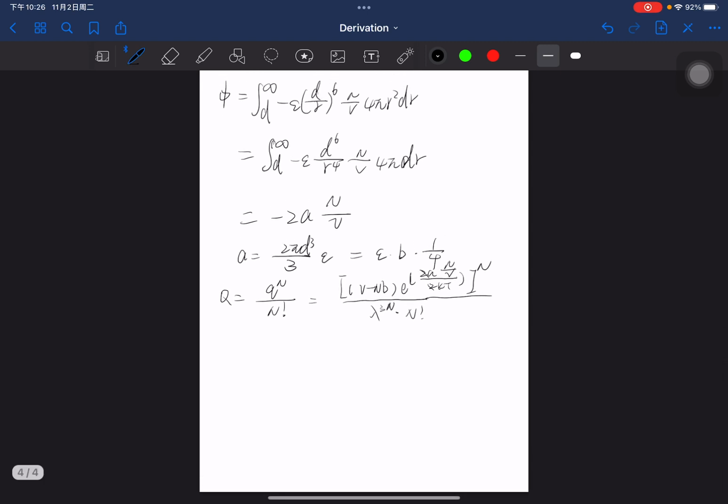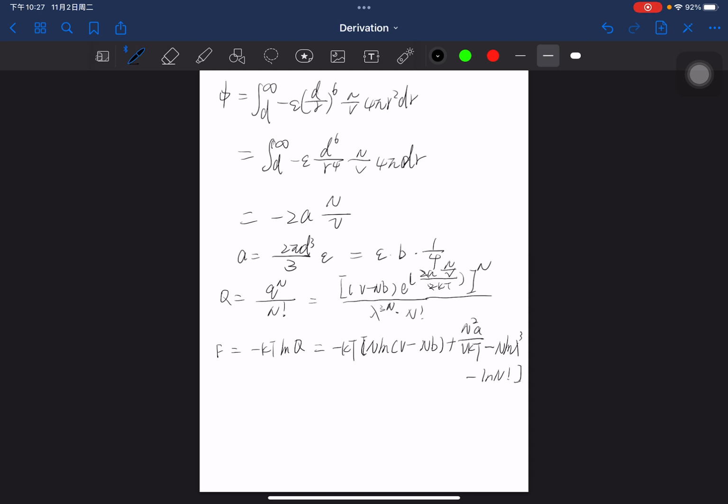Then we know the Helmholtz free energy is equal to negative kT ln Q, which is negative kT times N ln(V minus Nb) plus N squared times a divided by VkT, minus 3N ln lambda, minus ln N factorial.